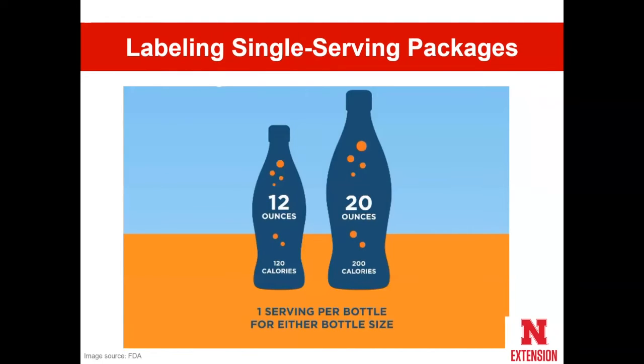They also have single serving depending on the package. So if you get a 12-ounce bottle of soda, it will list the calories provided for the whole bottle. But some people may get larger bottles, like a 20-ounce bottle of soda or juice, and they'll list the servings for that single bottle also, assuming that people are choosing those and actually consuming the entire container.